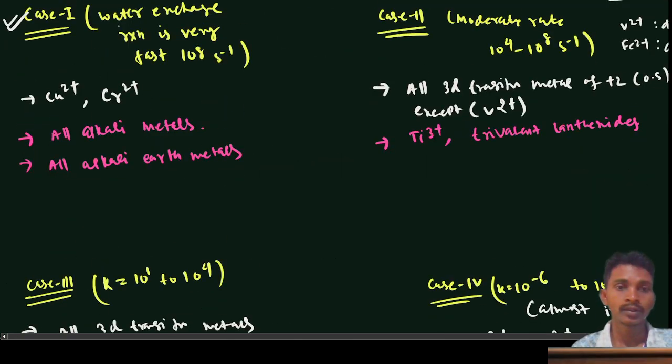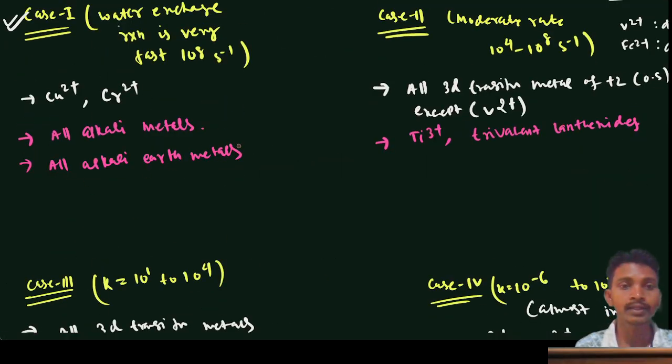So here all alkaline earth metals except beryllium 2 plus and magnesium 2 plus.